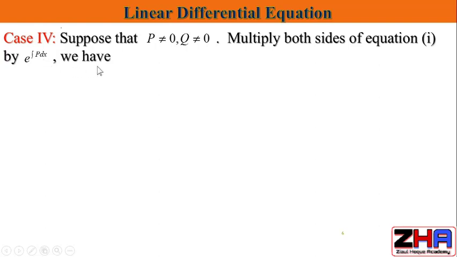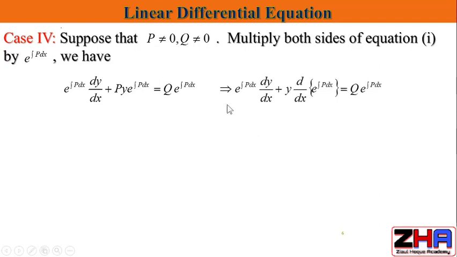Then we have e to the power integration p dx into dy by dx plus py e to the power integration p dx equal to q e to the power integration p dx, which implies that e to the power integration p dx into dy by dx plus y into d by dx of e to the power integration p dx equal to q e to the power integration of p dx.